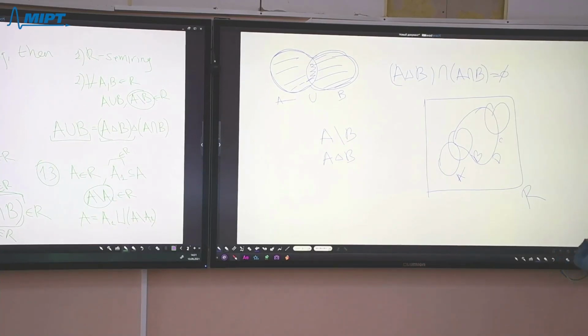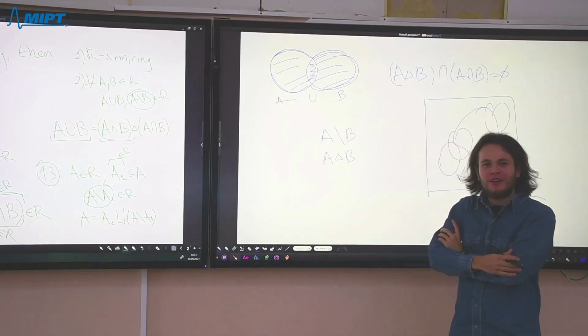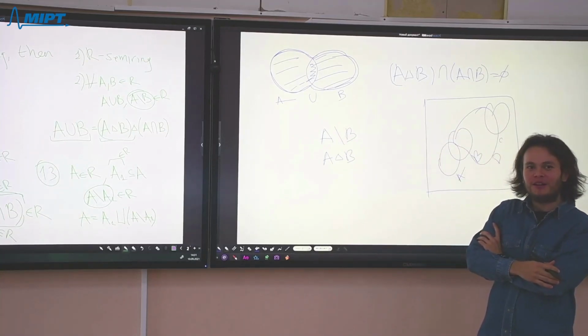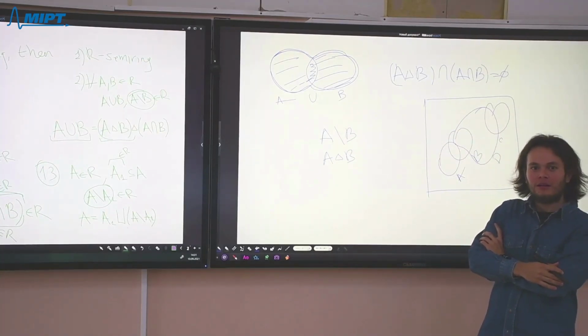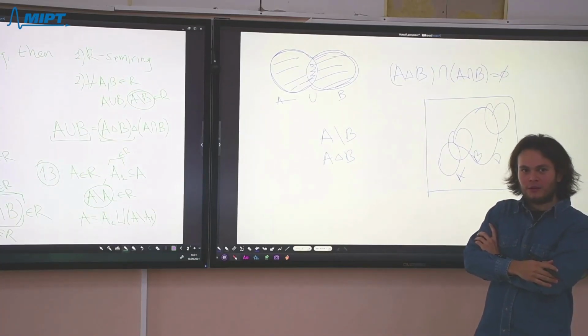I don't get it, we are only working with two sets, A and B. Why do we need a third one? Which C? We don't have C.